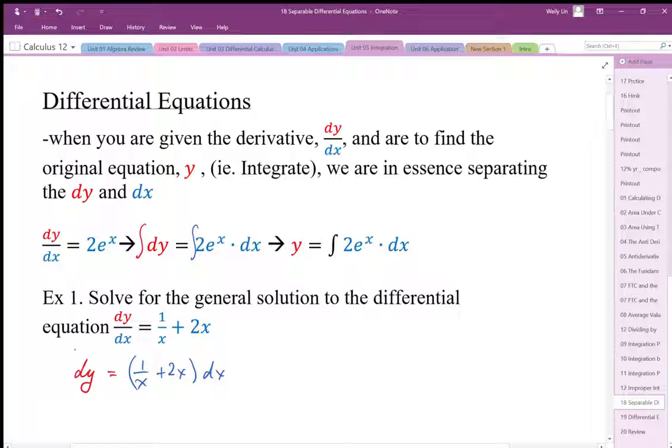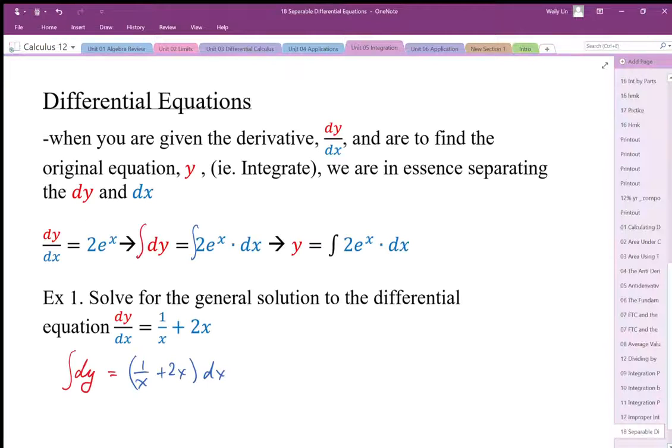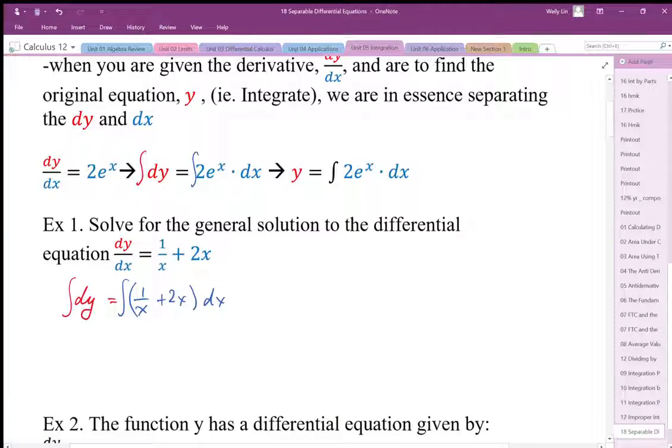I'm going to sum up. Integrating means to sum up those areas. So I'm going to integrate that as well. I'm going to sum up this side as well. And then what I end up with is y equals the integral or antiderivative of the derivative function.